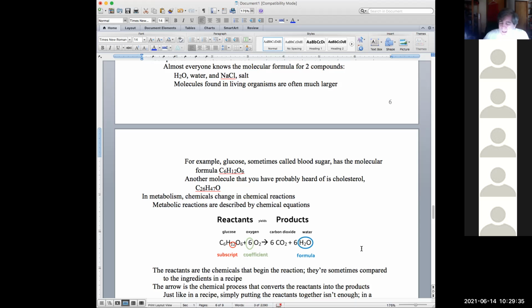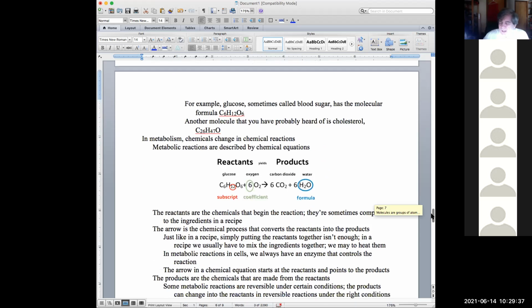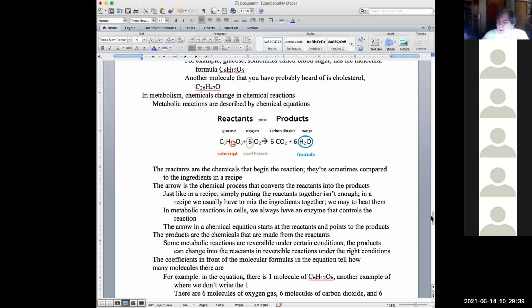Now, a chemical equation also has to obey the law of conservation of energy. Now, this is a little bit trickier because notice if we look at our equation, we have C6H12O6 plus 6O2 produces 6 CO2 plus 6 H2O.